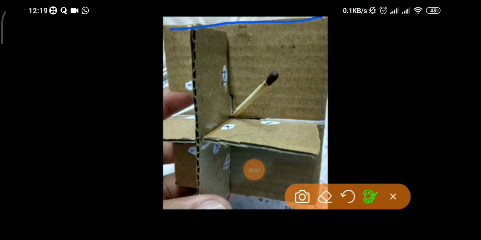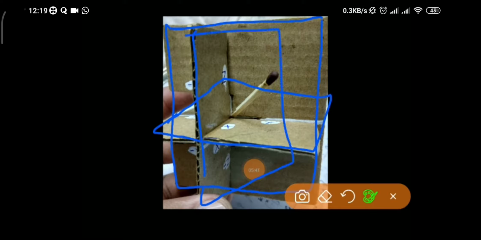This big plane, this big plane, and this one, this big plane, they are cutting each other to make a 3-dimensional space. These are 3 planes cutting each other to make 3-dimensional space.